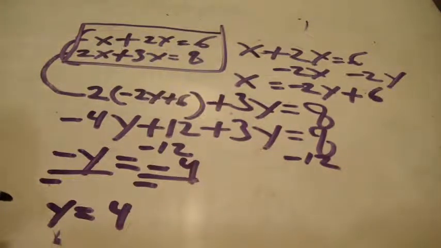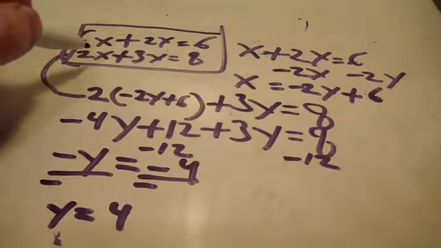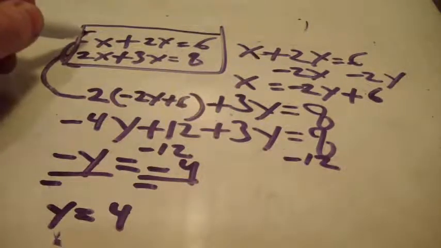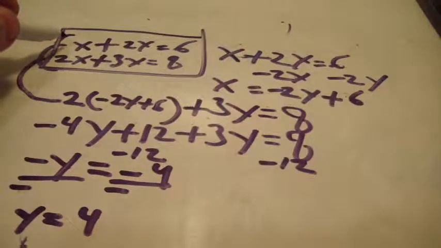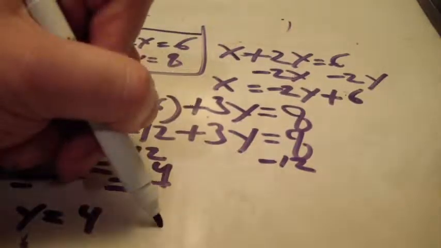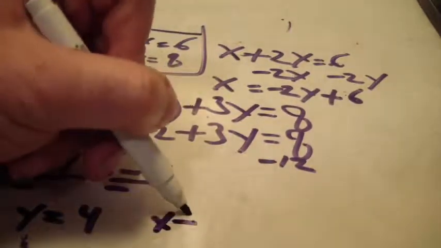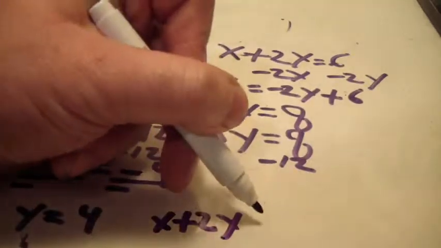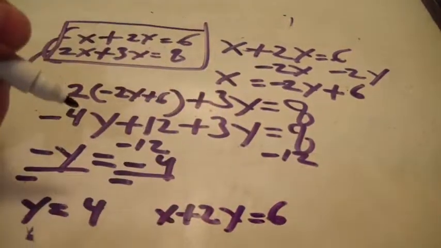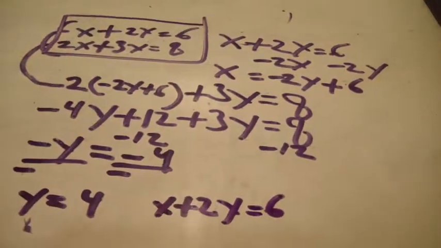Since we already used this one, let's use this one here: x plus 2y equals 6. This is the equation we're going to now use.